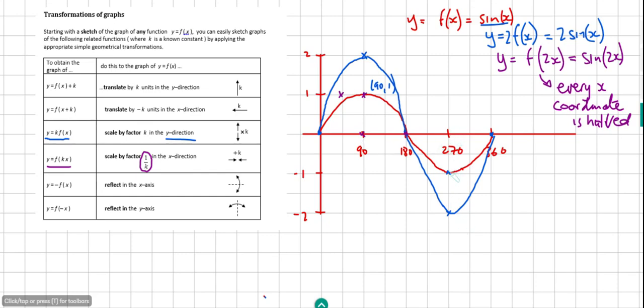This point was 270, it's now going to be 135. And this point 360 is now going to be 180. So if I join those up, what I would get is this.